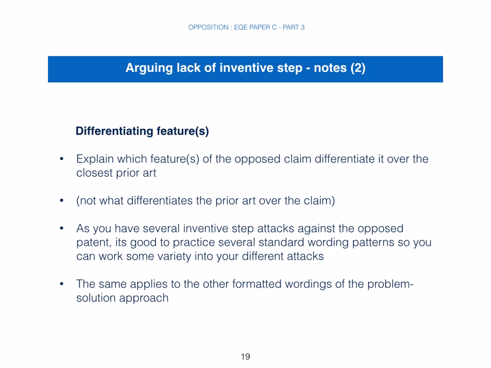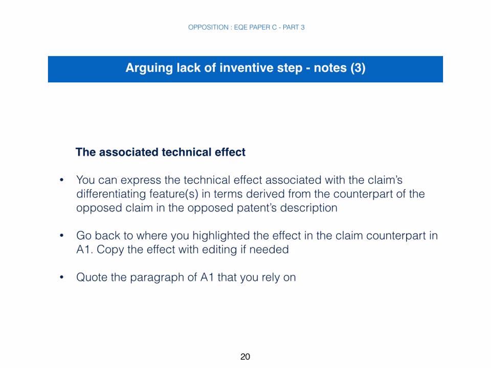We now turn to the associated technical effect. You can express the technical effect associated with the claim's differentiating features in terms that you derive from the counterpart of the opposed claim in the opposed patent's description.